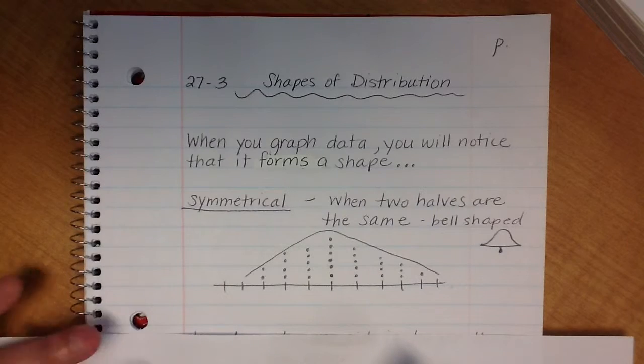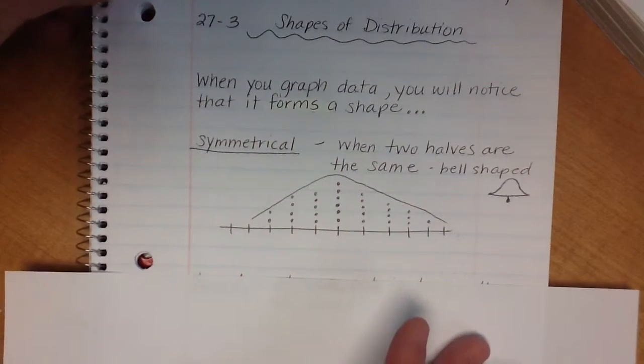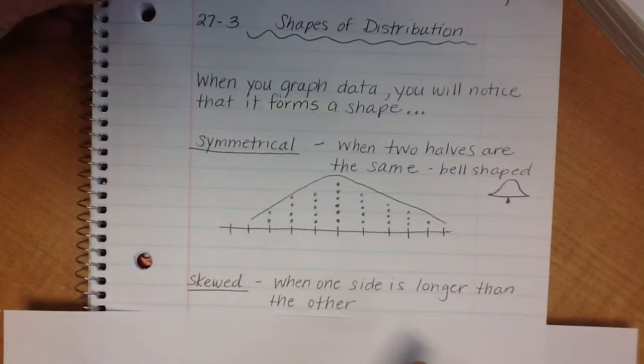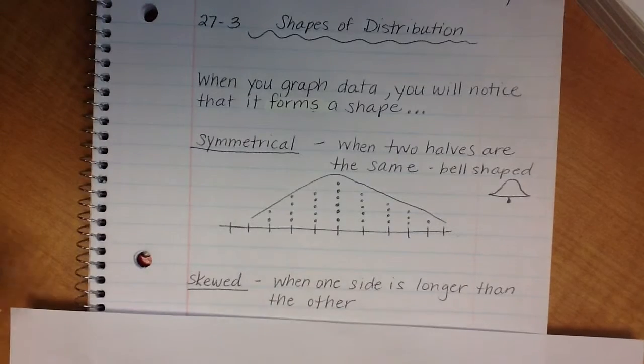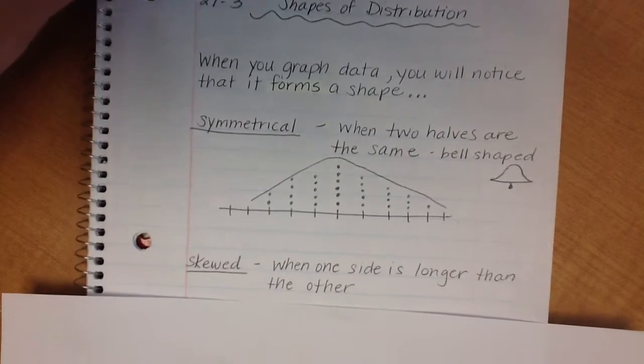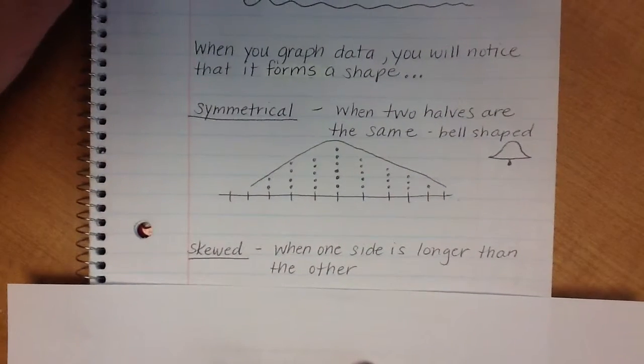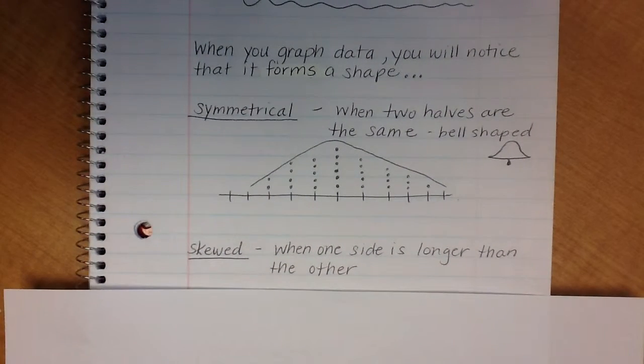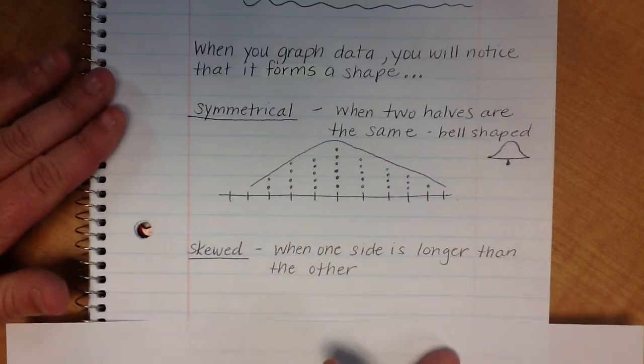Now, another way to describe the data that I want to talk to you about is skewedness. Skewed is when one side is longer than the other. A distribution can be skewed either to the right or to the left. So let's look at an example here.